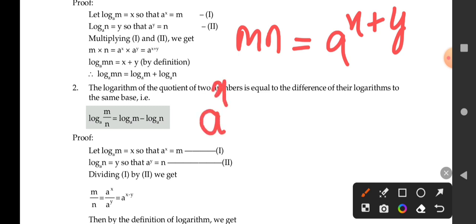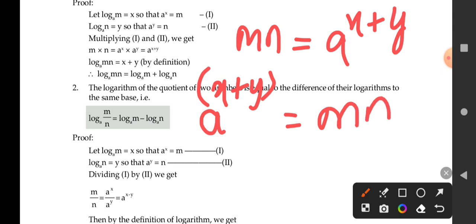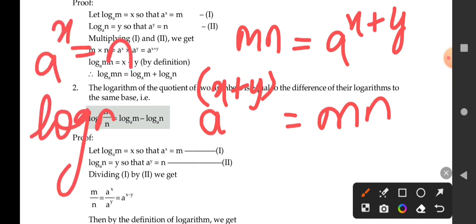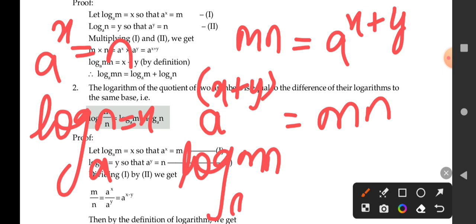So a power x plus y is equal to mn. So when we write it in the log form, what do we write? Log mn to the base a is equal to x plus y, right?